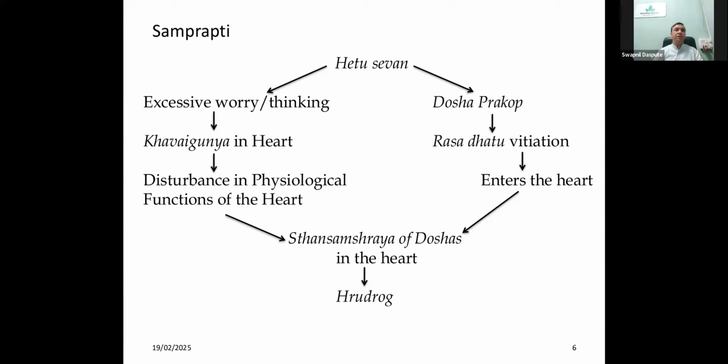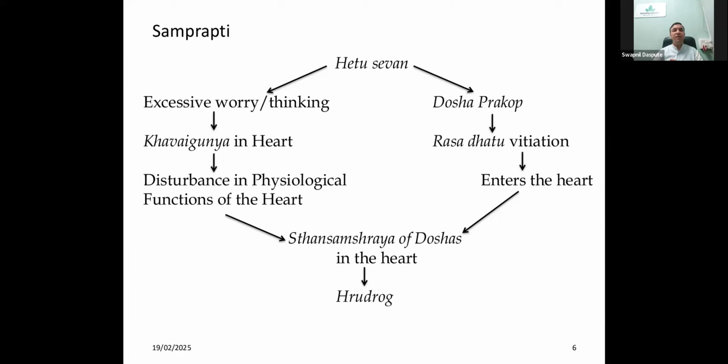So Samprapti. Hetu 7, so you can see two pathways. In Hetu 7, excessive worrying, thinking will lead to Vaigunya in heart. Disturbance in physiological functions of the heart will happen, and sthana samshraya of the aggravated doshas will happen in the heart region, can cause Hridrog.